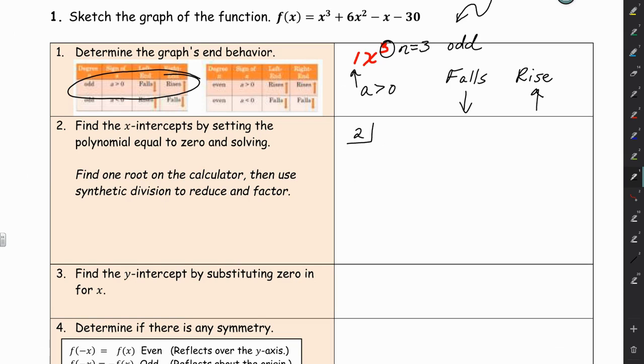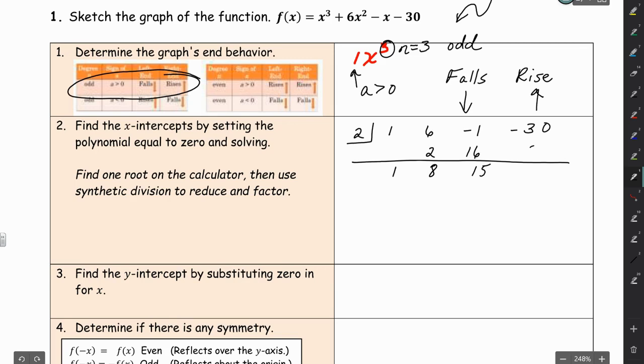Now we're going to use synthetic division to reduce our polynomial to make it easier to factor and solve. Okay, and 2 is definitely a root because we got 0 as a remainder.